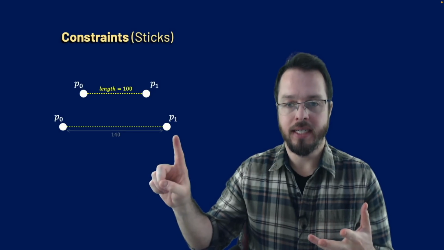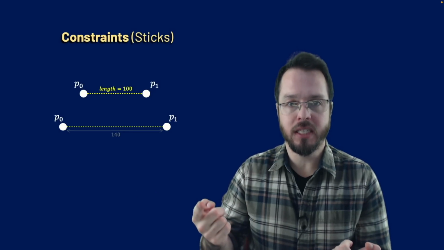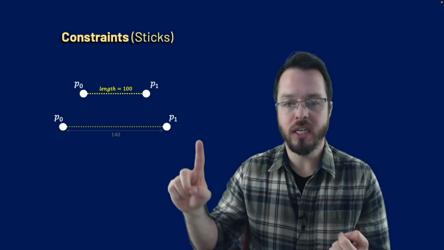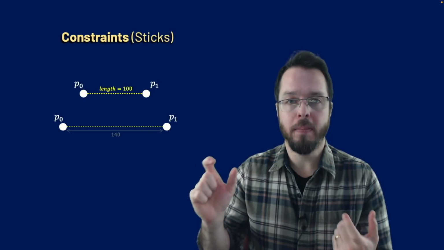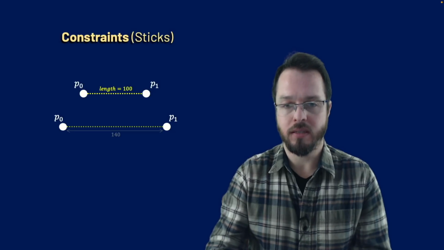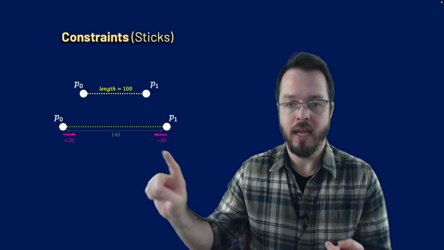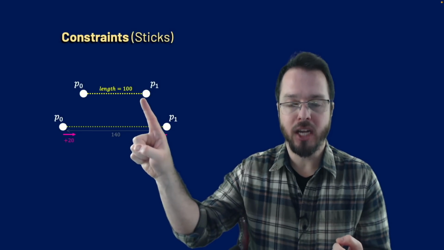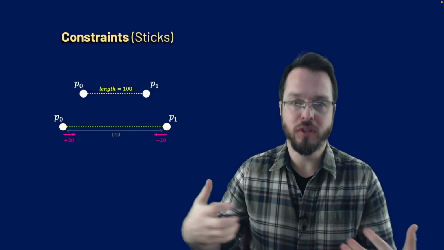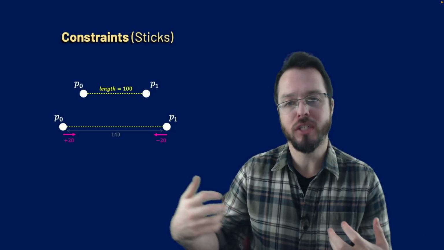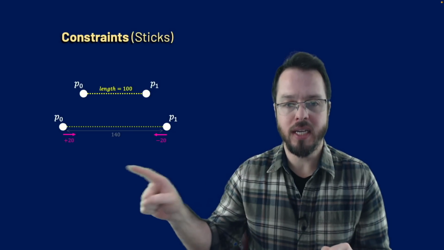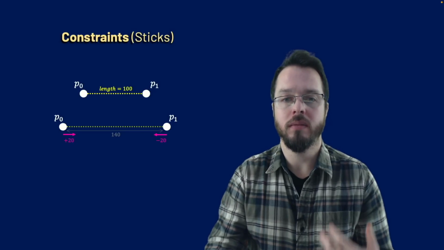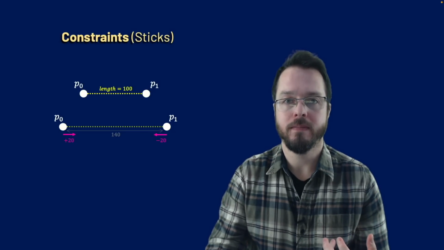If we have a distance, right, after our simulation updates the points, and our points are now 140 pixels apart, we are going to have to go, and our update stick is going to have to push things, right? If it was 140, to get back to 100, I have to push. We have to divide the changes, right? I cannot just push one. I have to push both. So I have to divide. This one goes minus 20, that one goes plus 20, and we restore our position.